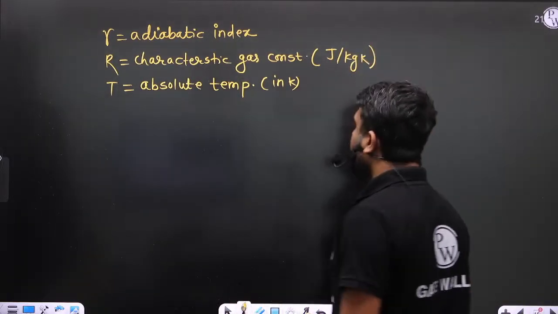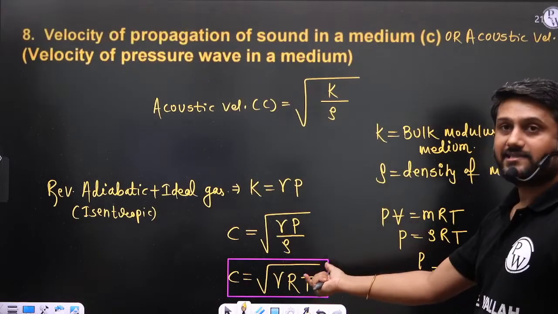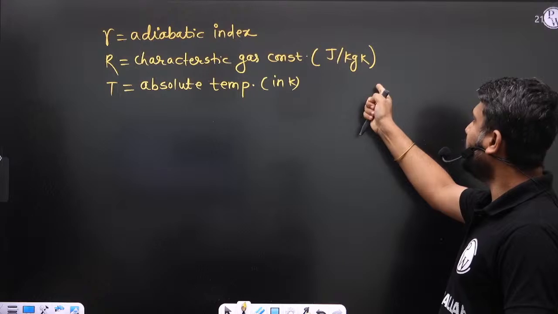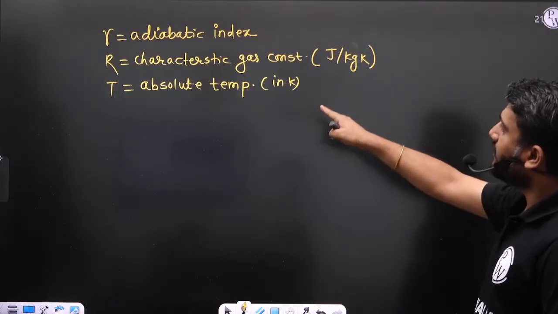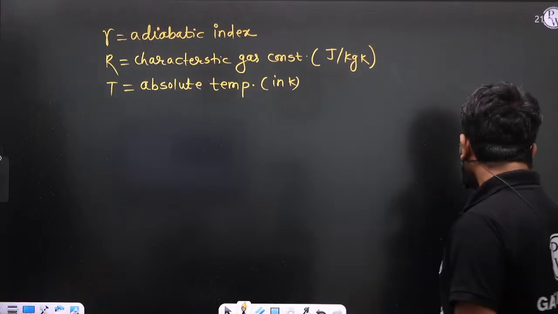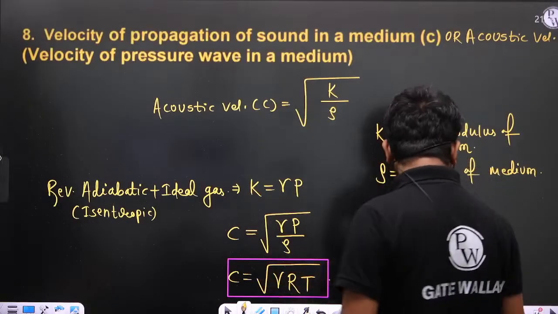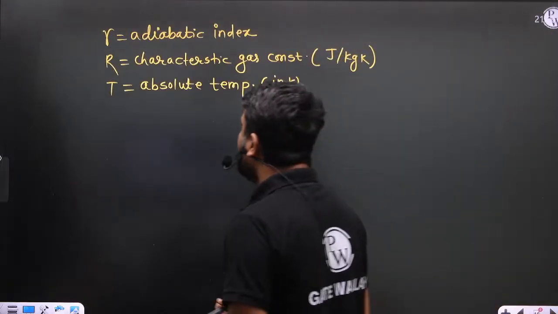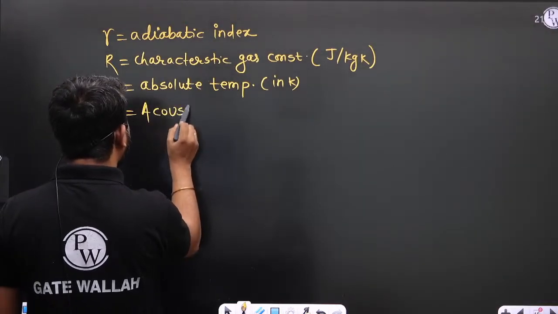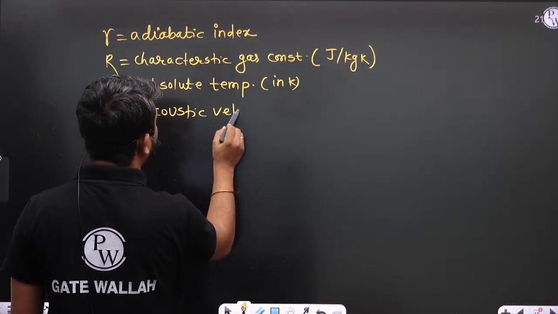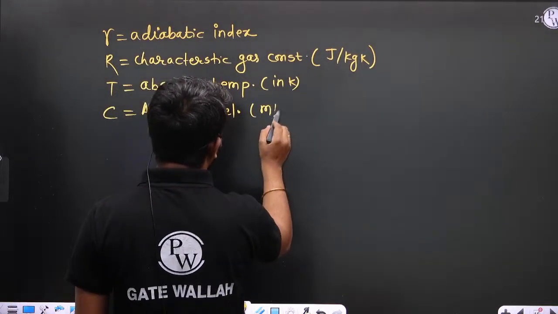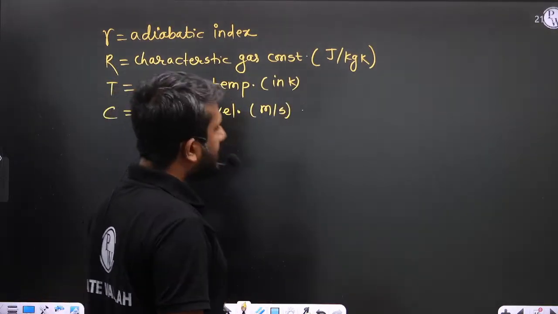If you put R in joule per kg Kelvin and T in Kelvin, then this C is in meter per second. C is the acoustic velocity or velocity of sound in a medium, that is in meter per second.